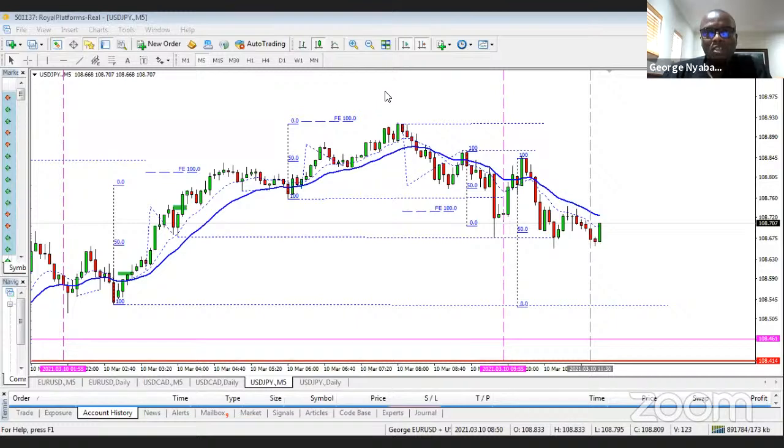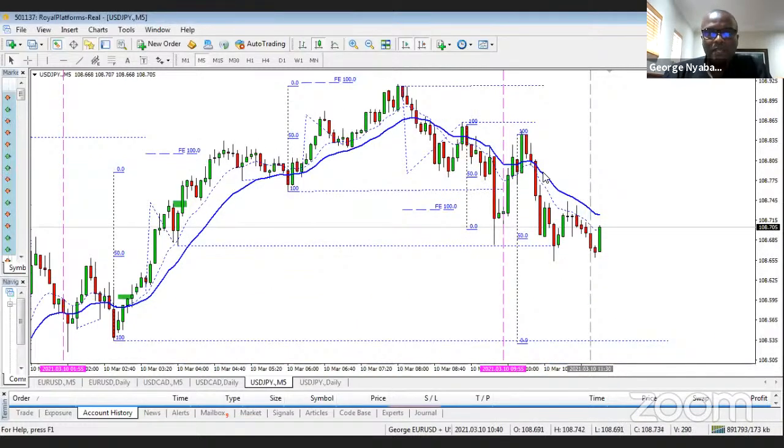So yen. Here's what's happening with the yen. Currently, we came and tested this low here. And this low was a double bottom with the previous higher low in the Asian session. The market tried to break beneath that and failed.